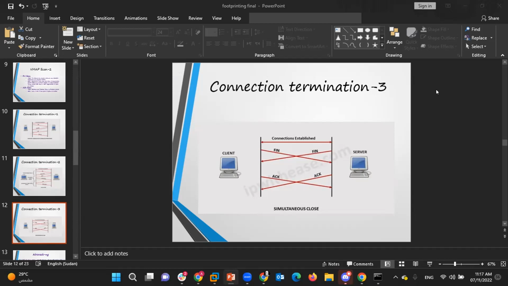Then the server sends an ACK packet to the session timeout management, and the server will receive an ACK packet from the session timeout. With that way, the session will be terminated. Is it clear?